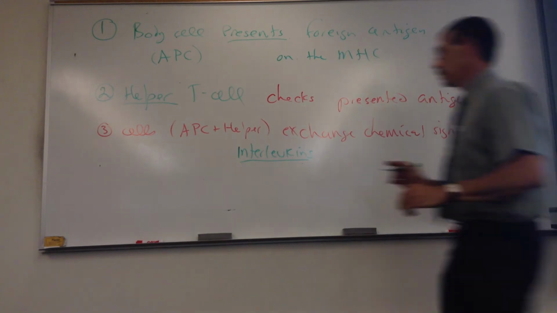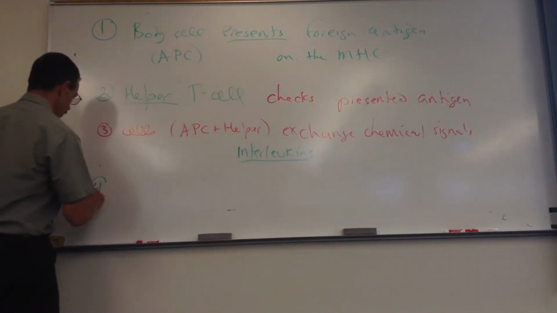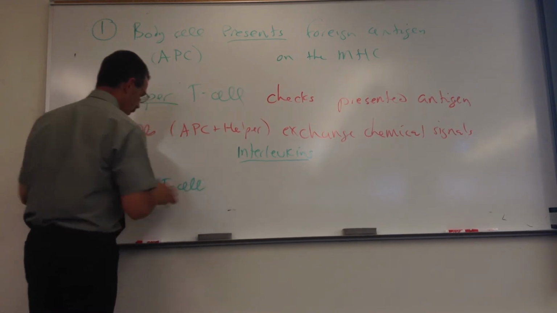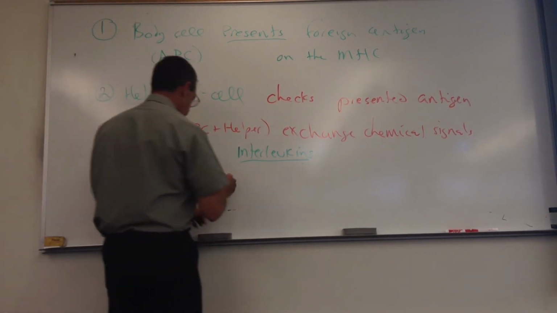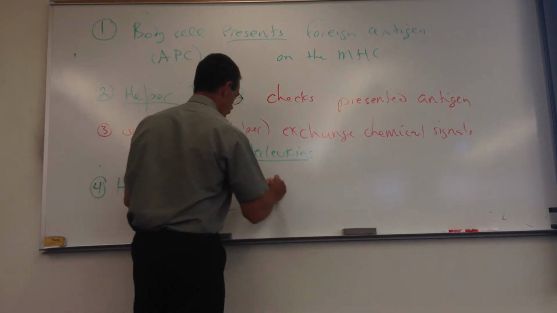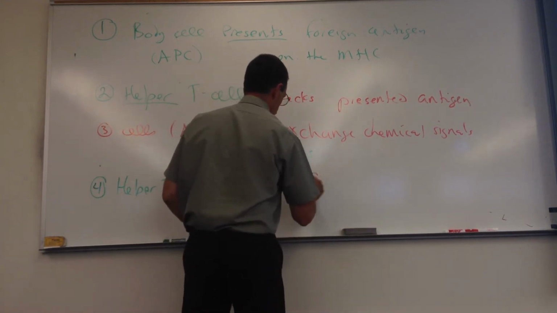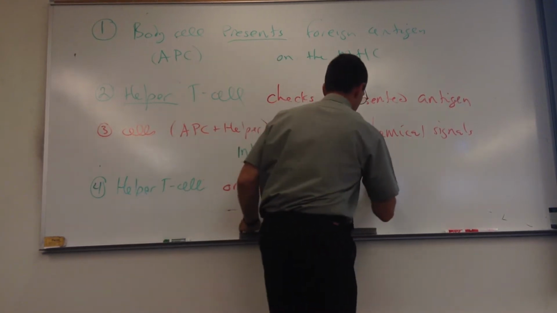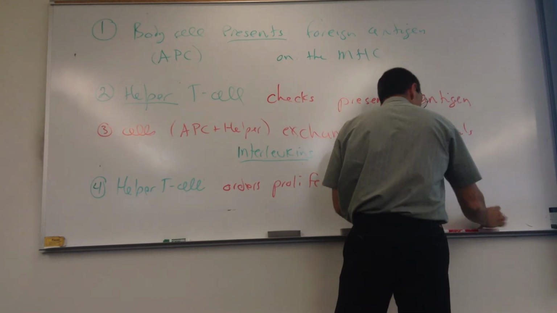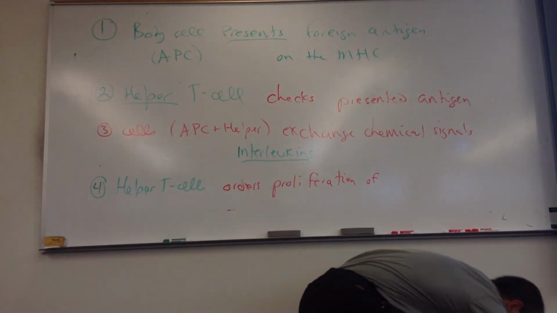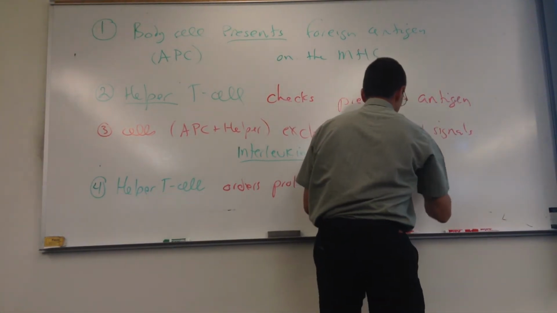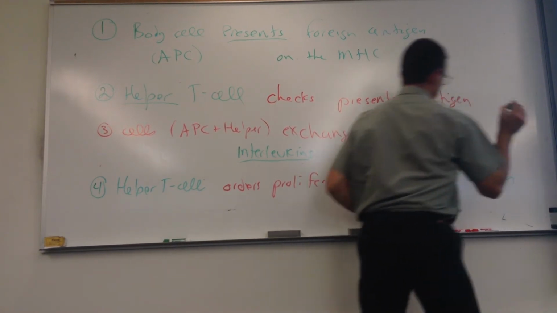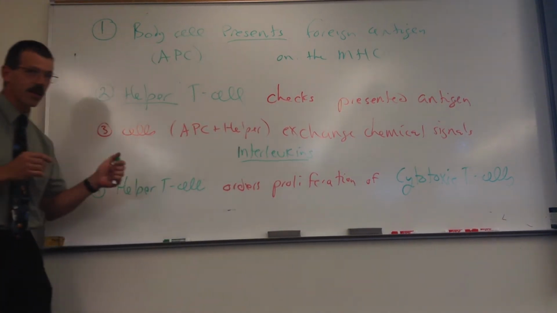Step number 4. The helper T cell orders proliferation of cytotoxic T cells.